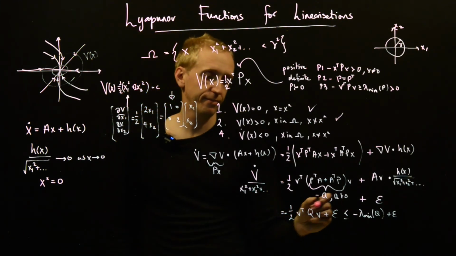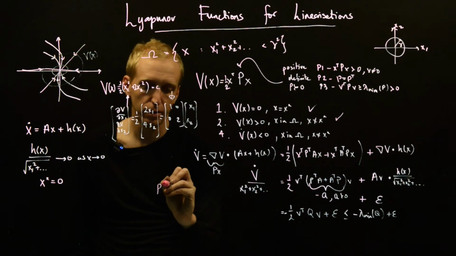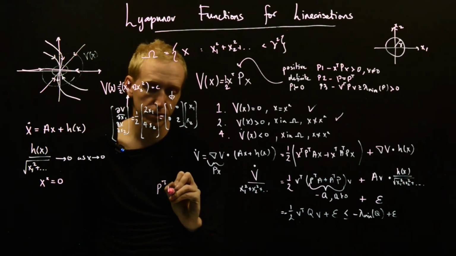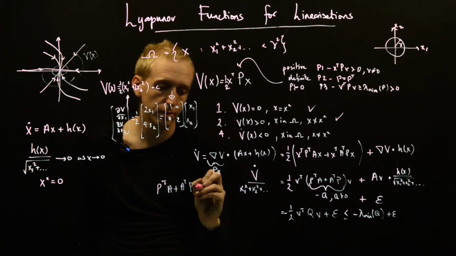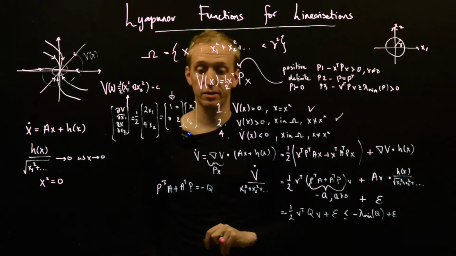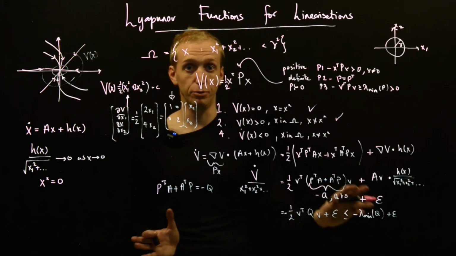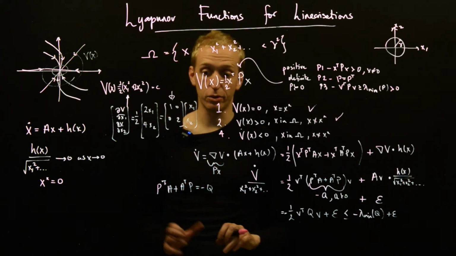So we've managed to show that as long as P transpose A plus A transpose P is equal to minus Q, where Q is some positive definite matrix, then we'd be able to prove local asymptotic stability. And now this equation here has got a very special name.